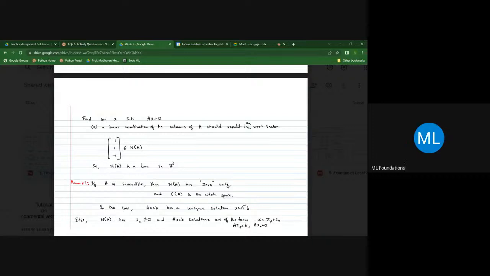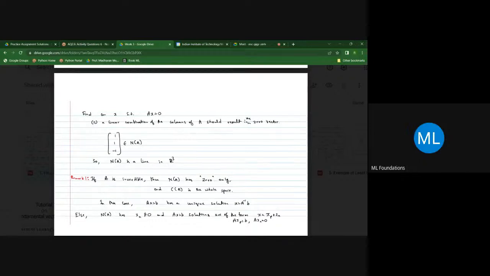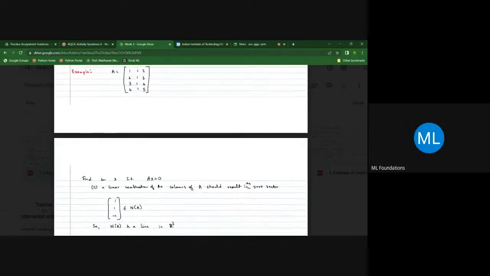And 0 0 0 is everywhere. 0 0 0 is just a trivial solution. It will be there for any matrix, so that is a no-brainer solution.